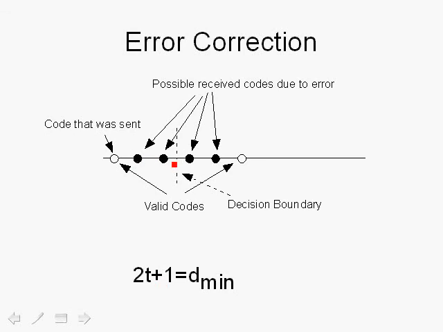So this particular scenario would give us a 2-bit error correcting capability. So we have basically shown that for a particular coding method, the performance or error correction capability of that particular code depends on dmin, the minimum distance.